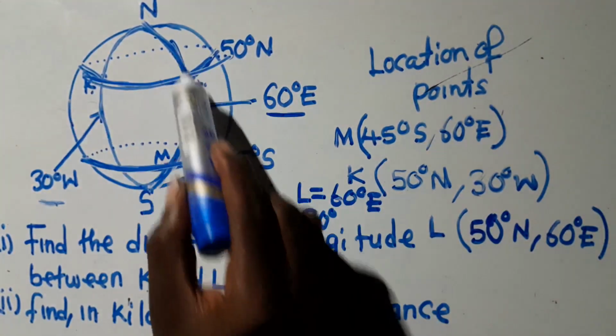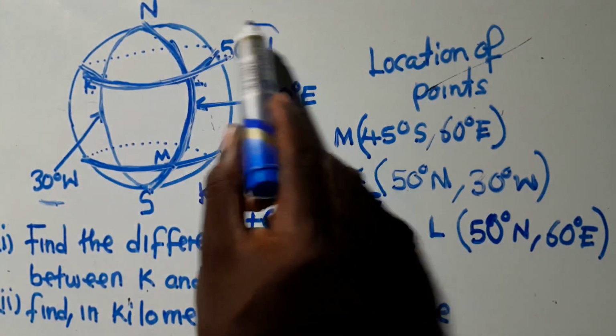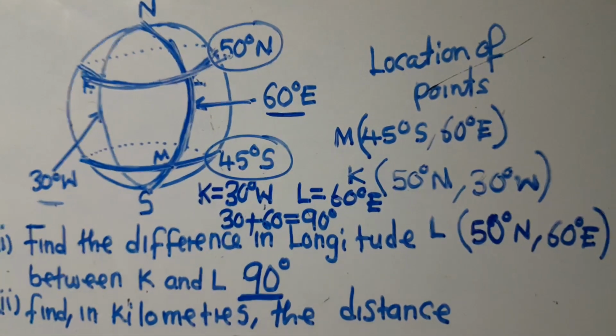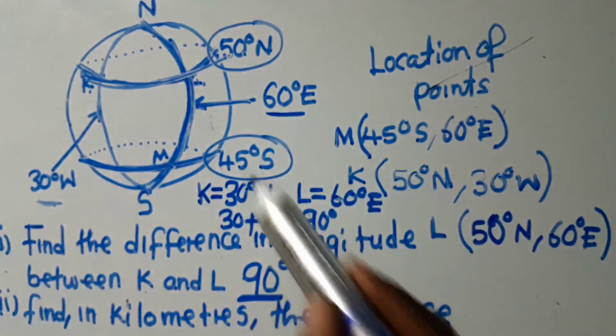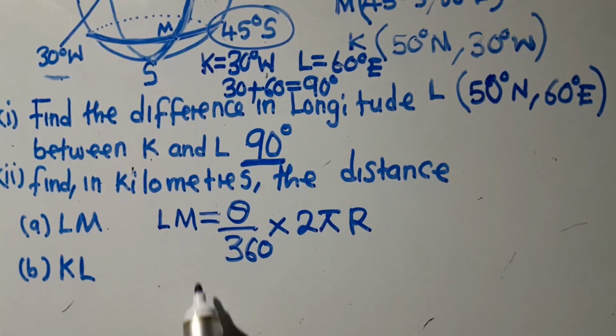Because longitude, this one is on the same, even this one is on the same. But latitudes, this one is on 50, this one is on 45. So different directions, you add 50 plus 45, you get 95. This is the theta that is going to be here.